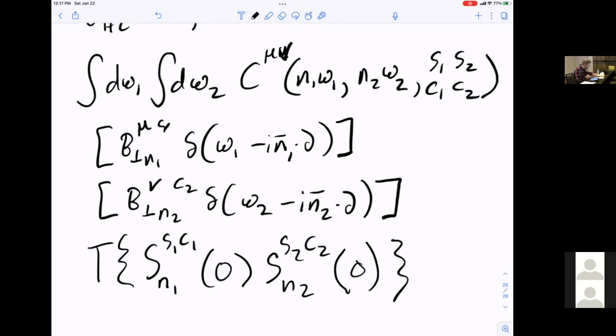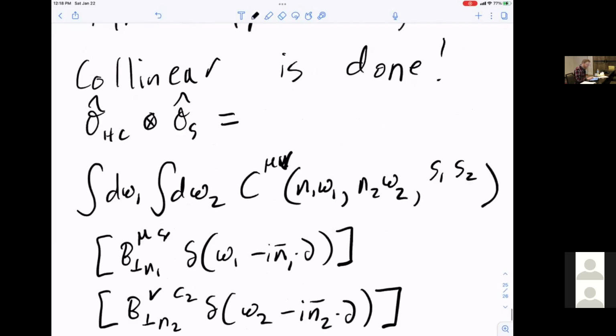I'm doing something suspicious with my leftover color indices. Please forgive me. That's what I did. Nobody call me out on it.